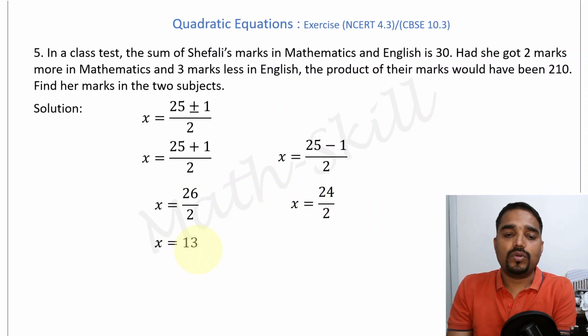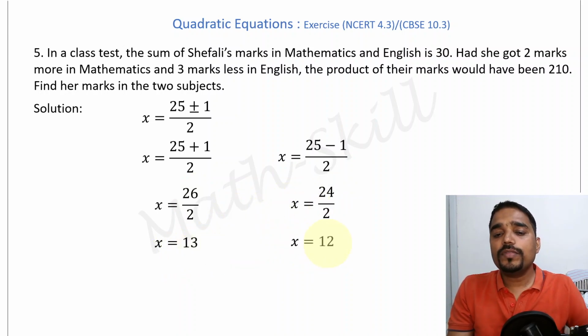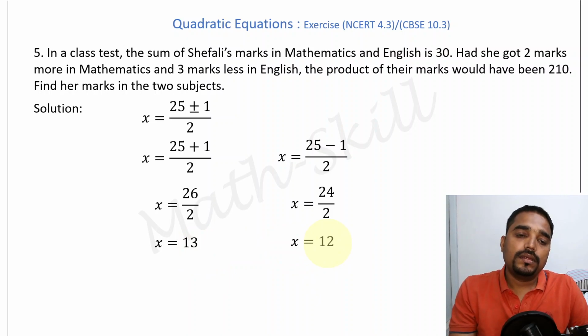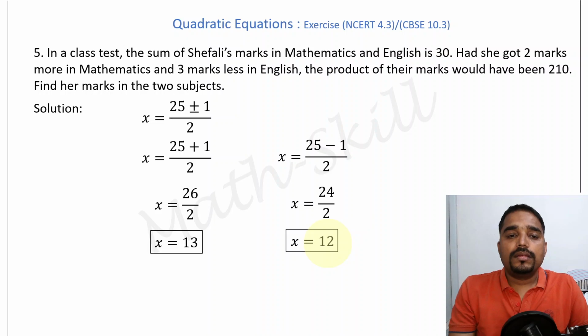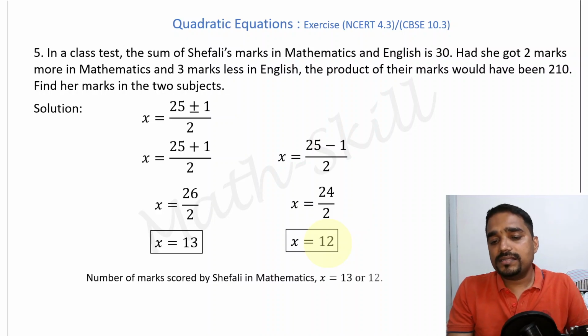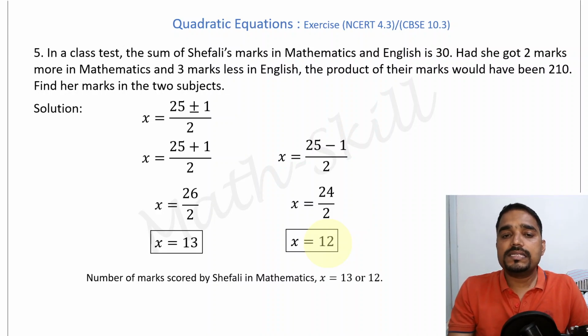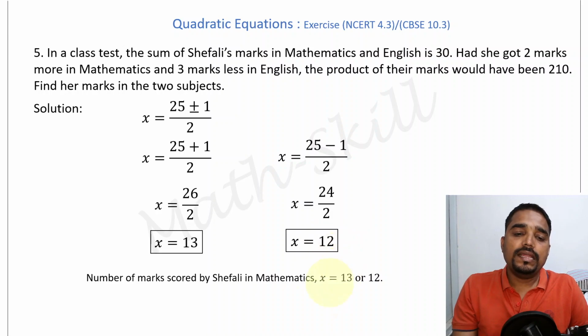Therefore, x is equal to 13 or x is equal to 12. Therefore, the required roots of this particular equation are x is equal to 13 and x is equal to 12, which means since we had initially assumed the number of marks scored by Shefali in mathematics as x, Shefali would have scored either 13 in mathematics or 12 in mathematics.